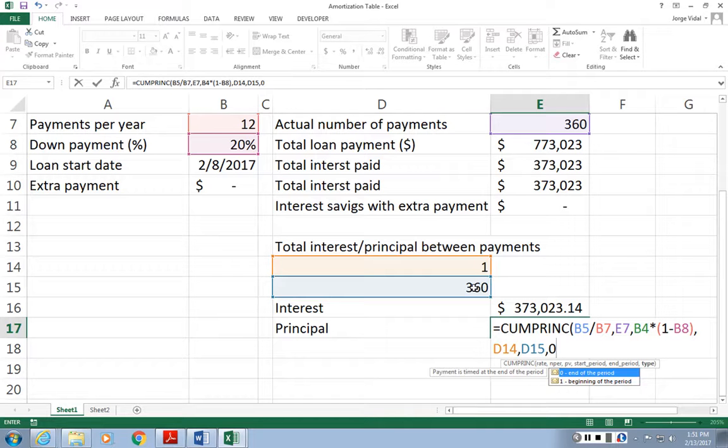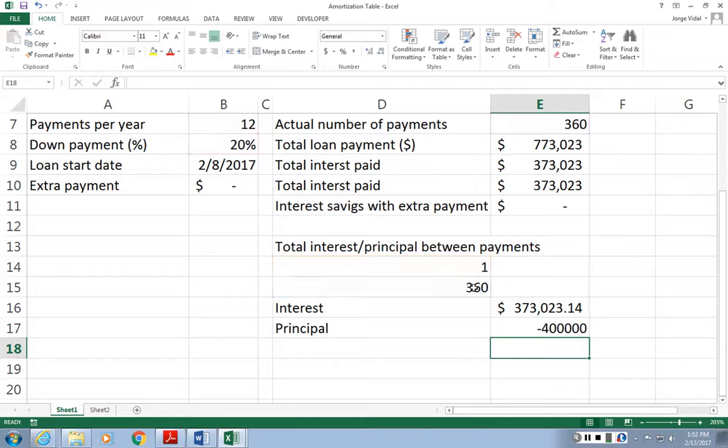And in this one, you don't have an option. You have to input 0 or 1. And I put a negative in front of the function to make that positive. So that will be the total principal between one payment and the last one, which are the same numbers we obtained in the amortization table.